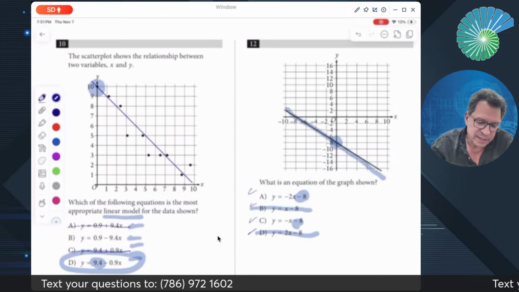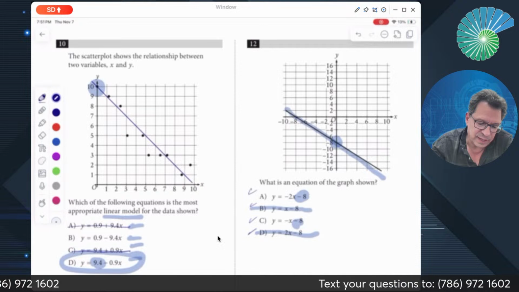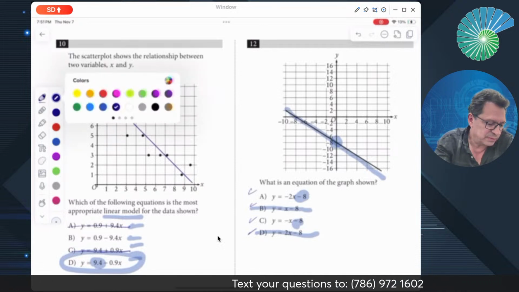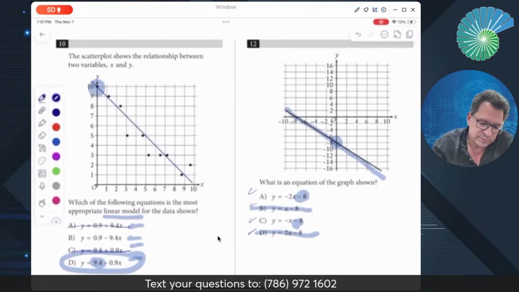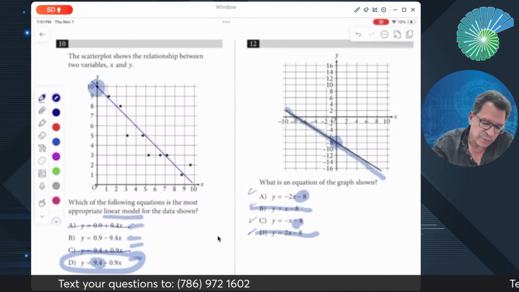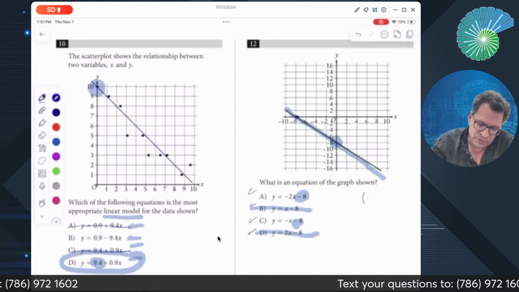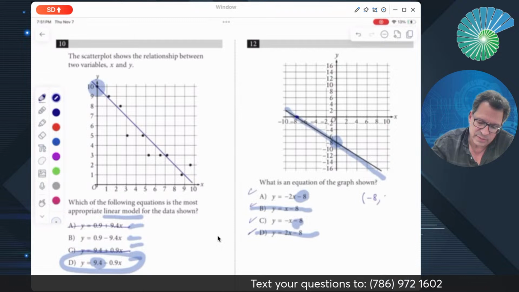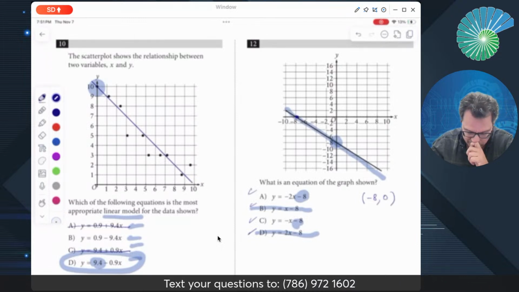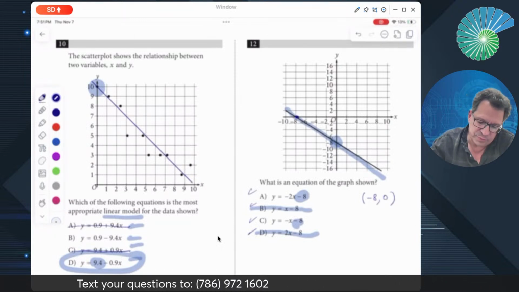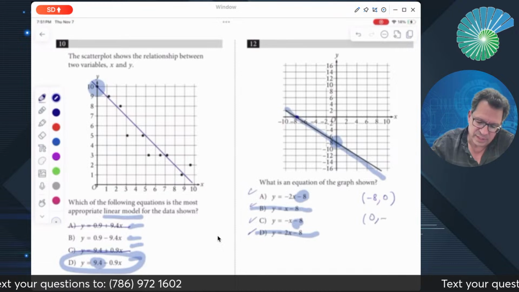Well, I see that the x-intercept is also -8. So the coordinates for the x-intercept would be -8, 0. And the coordinates for the y-intercept would be 0, -8.